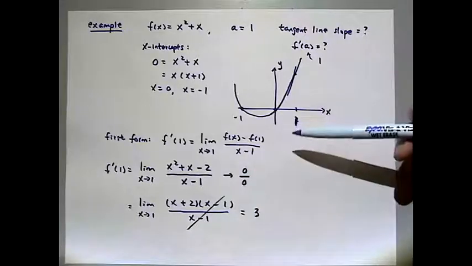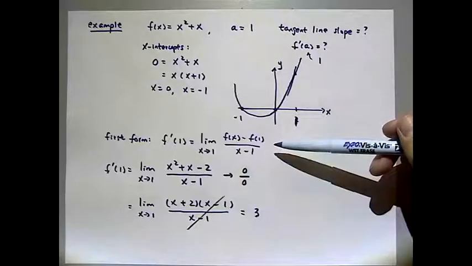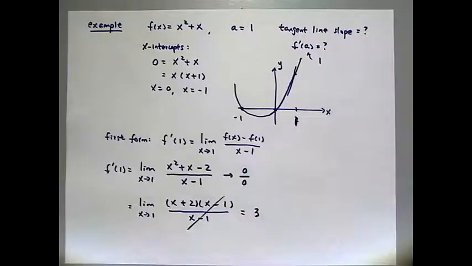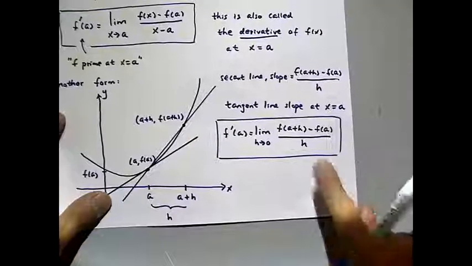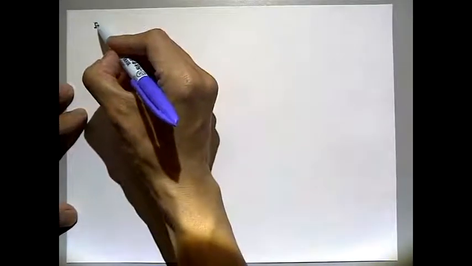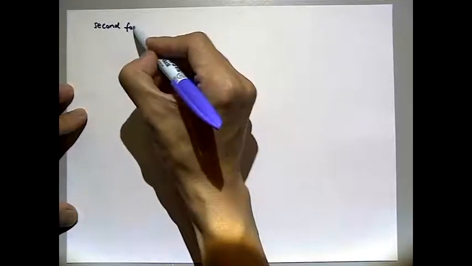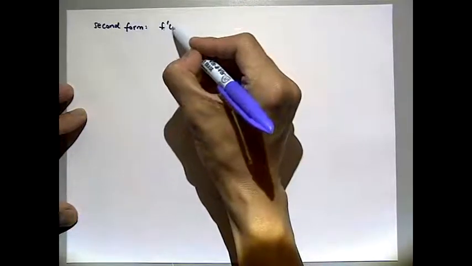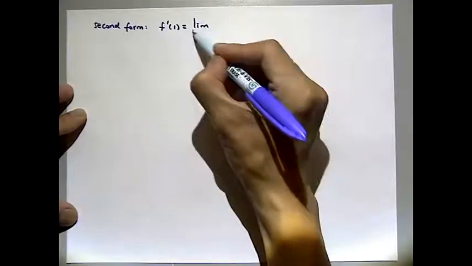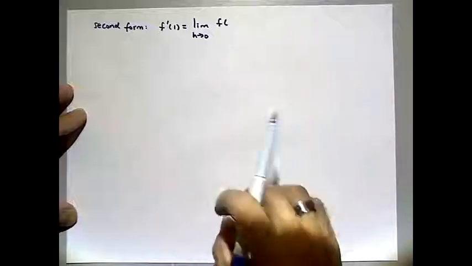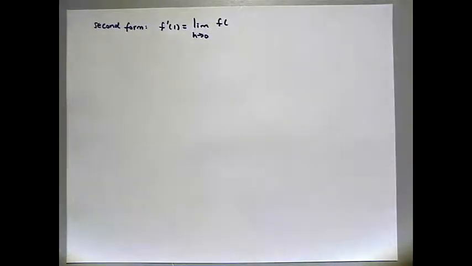Okay, let's try the same thing, but with the second form of that formula. Okay, same function, but this form right here. This time a is still 1.